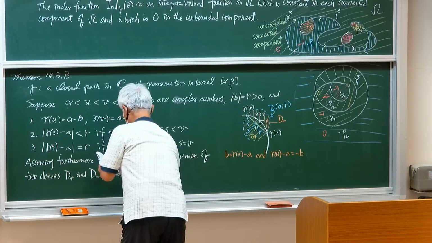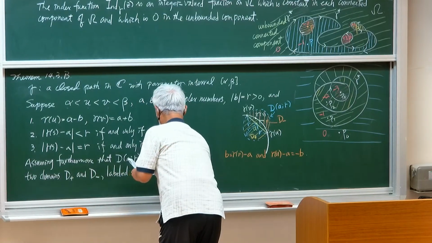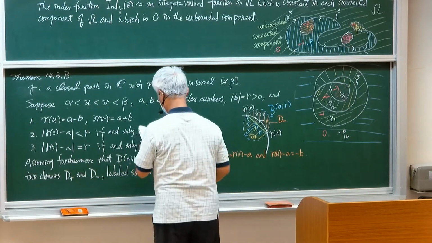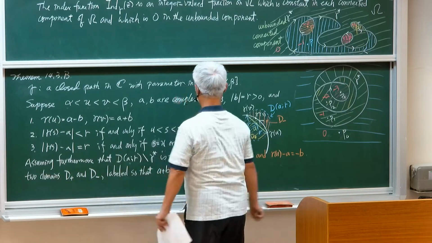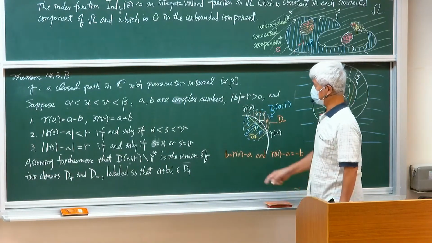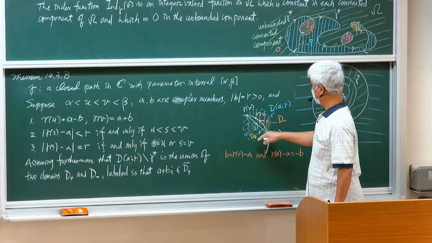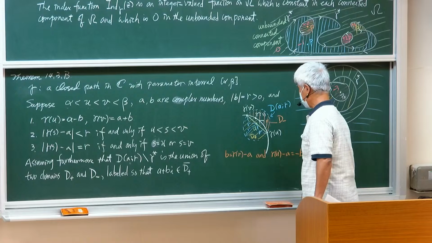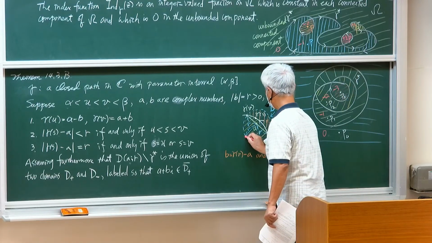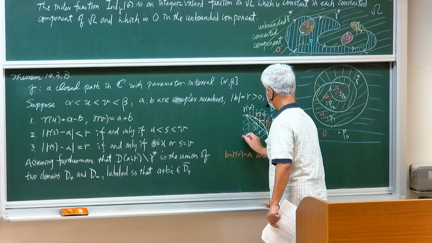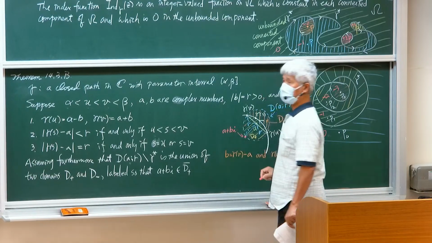A plus BI is in the closure of D plus. Closure of D plus means that we include the boundary. And this point here is A plus BI. Why?